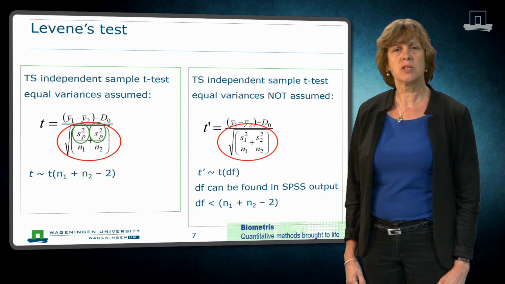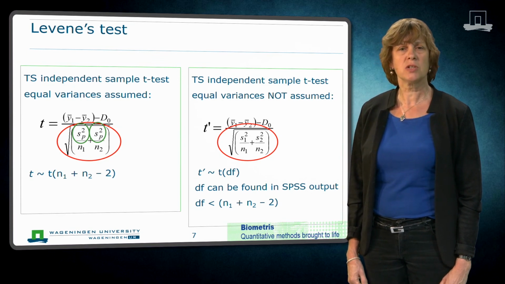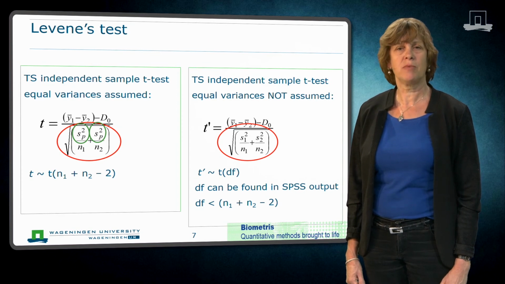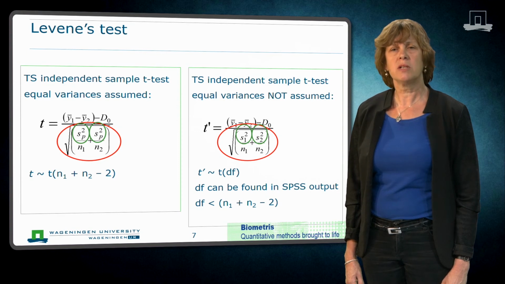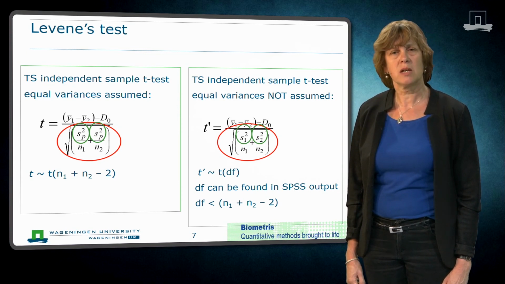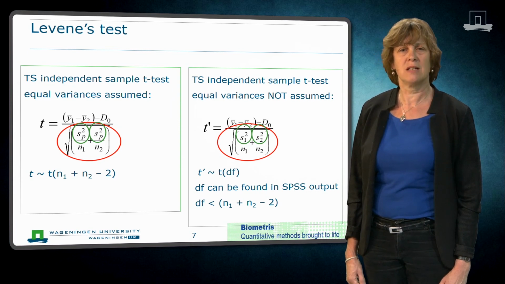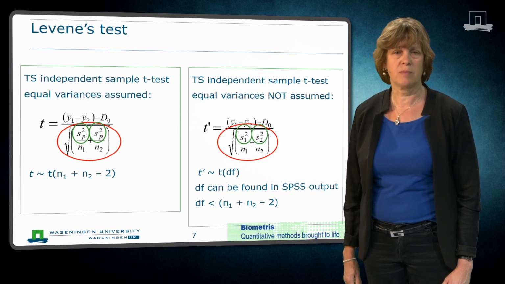The sample variances are pooled because they are estimates for the same population variance. When variances are not assumed to be the same, the separate sample variances are used. Only when the sample sizes are equal, the denominators will be the same, because in that case, the mean of the sample variances in the right-hand expression is equal to the pooled variance in the left-hand expression.